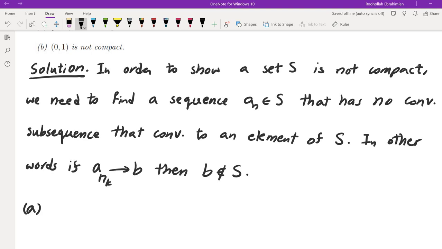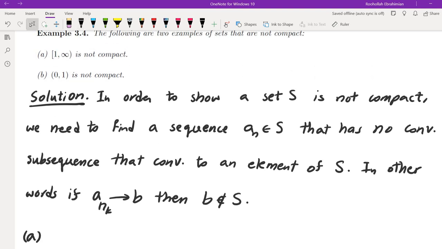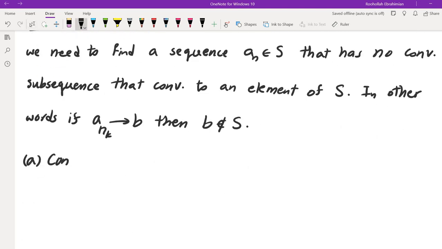So let's look at part A and see what is the sequence that no subsequence of that converges to an element inside the interval from 1 to infinity. If you think about that, you can create a sequence that blows up. So consider a_n equals n.